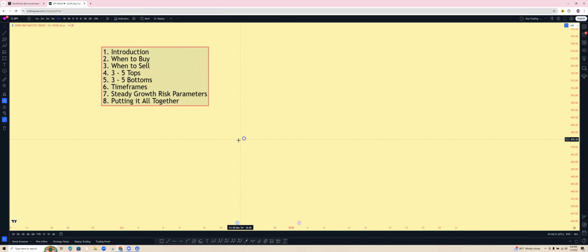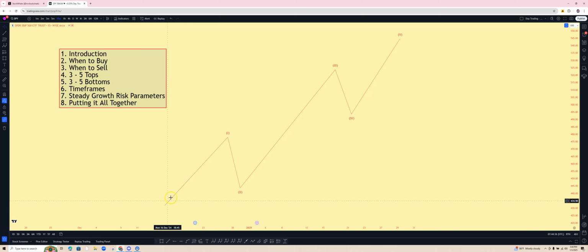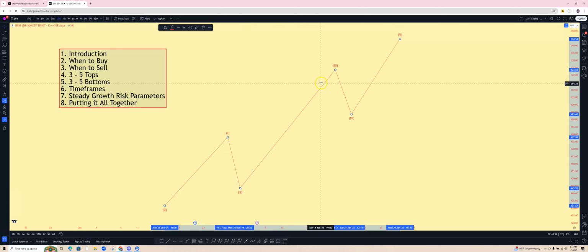So I want to first talk about market structure, guys. This is very important. In a market, we typically have this sequence: a wave one that goes up, a wave two that comes down and retraces, a really big wave three.